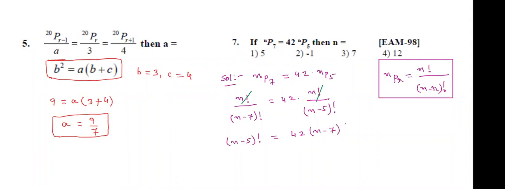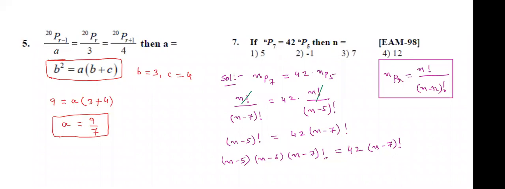Out of n minus 5 and n minus 7, which is bigger? N minus 5 is bigger than n minus 7. So I am going to write n minus 5 in decreasing order. That means subtract 1: first n minus 5, next n minus 6, next n minus 7 factorial is equal to 42 into n minus 7 factorial.